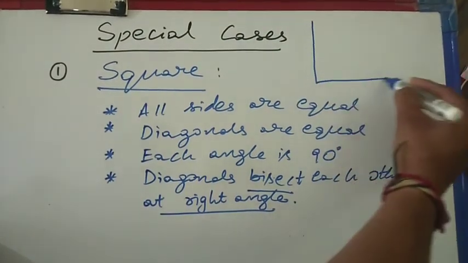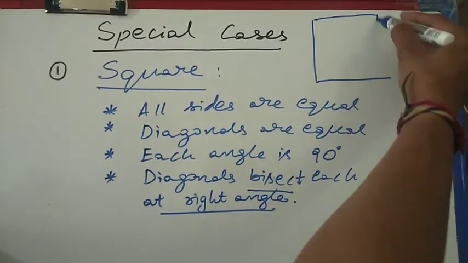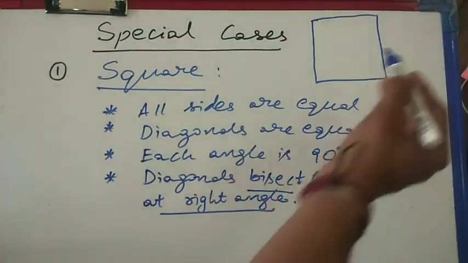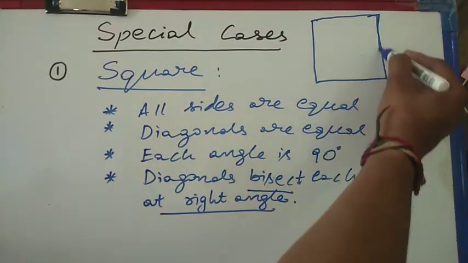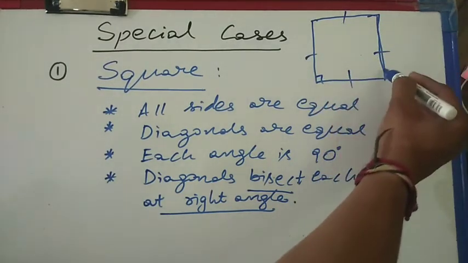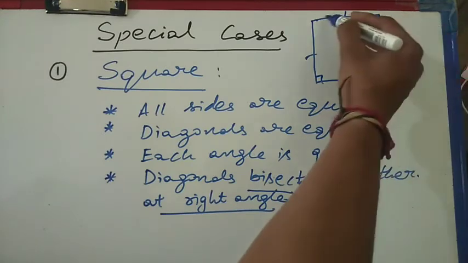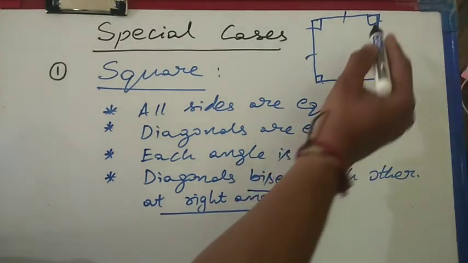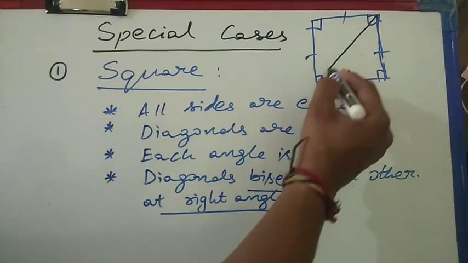If you take a square, in a square, you know, all sides being equal, this is one, each angle is being right angle, this is another. Apart from this, I have one more here, diagonals.